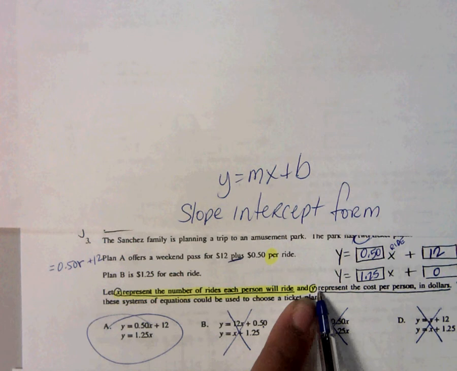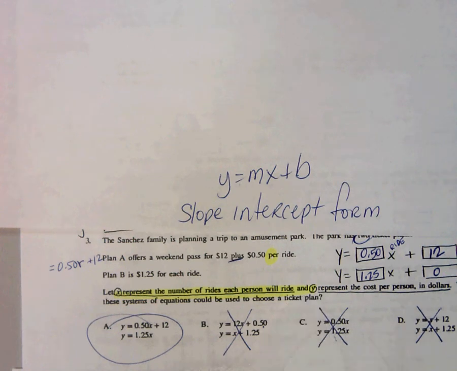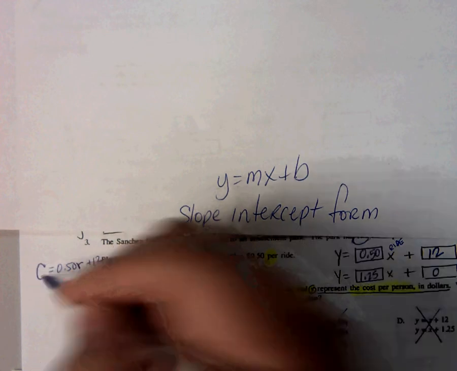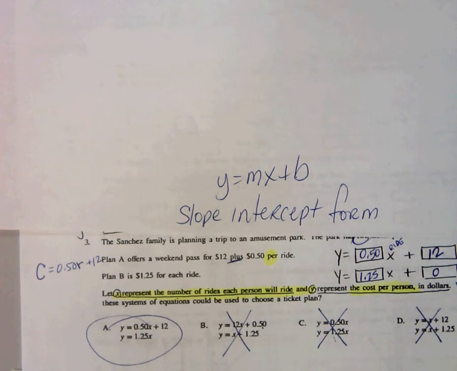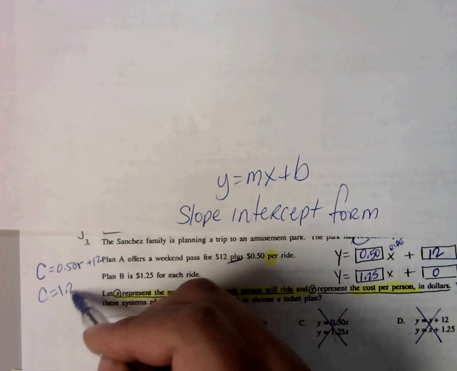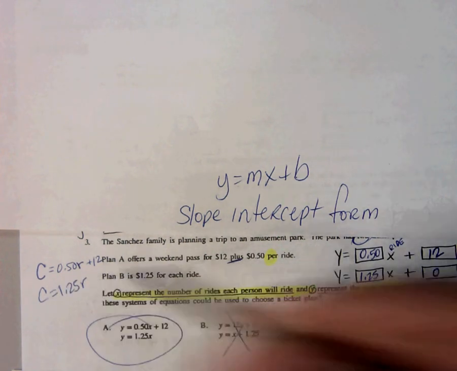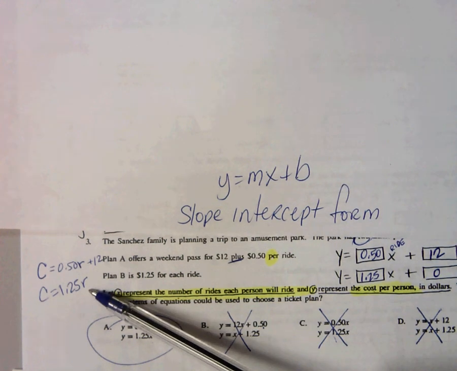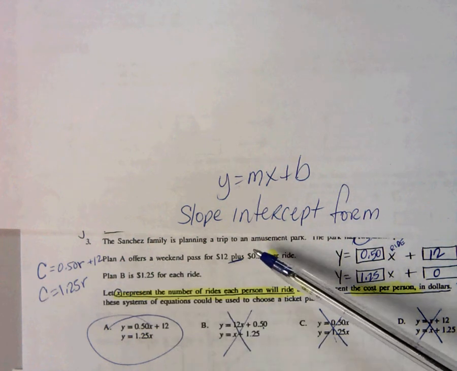Now, the Y says, make sure the Y represents the cost per person in dollars. So the cost, we would make Y, we'll change it to C over here. And then plan B would be C equals $1.25 R. And that would have letters changed to match the word problem.